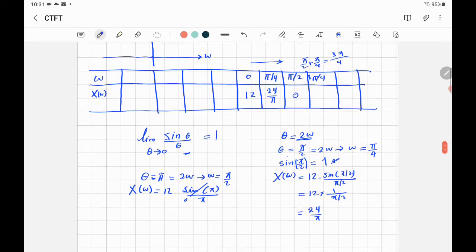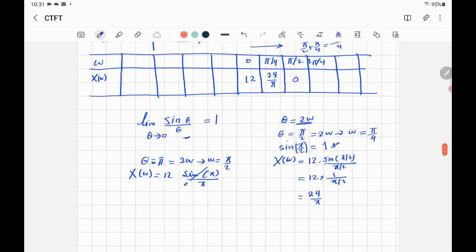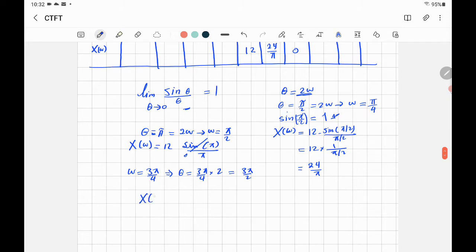Okay, so when omega equals 3 pi over 4, what is the value of theta? 3 pi over 4 times 2, because theta is equal to 2 times omega. That will be equal to 3 pi over 2. And now we find the value of X of omega is equal to 12 times sine of the angle 3 pi over 2, divided by the angle 3 pi over 2.